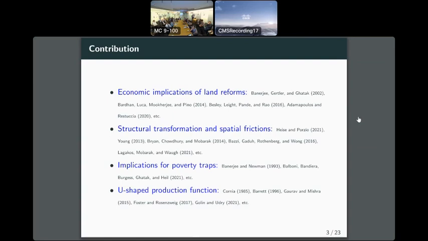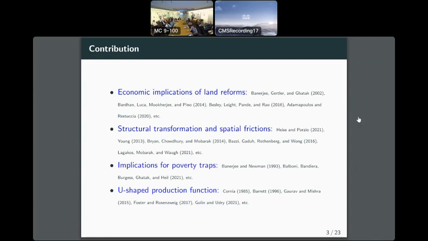The second set of literature that we speak to looks at how spatial frictions have an implication for structural transformation. A lot of these have looked at barriers to migration, skilling differences and selection into urban areas and so on. And we highlight the importance of possibly staying in a rural land poverty trap that prevents these people who can actually exit agriculture from going to urban centers.